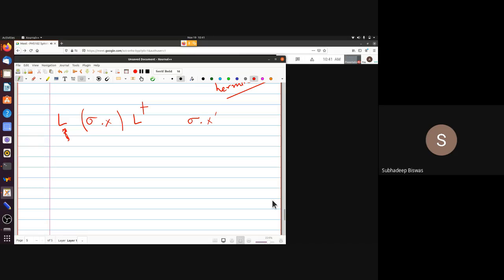Just the absolute square of the determinant of L should be 1. So mod det L squared should be 1. That's all you really need, right? Is everybody clear about that? Because if you take the determinant of this side, what happens? You don't really need a unitary transformation.